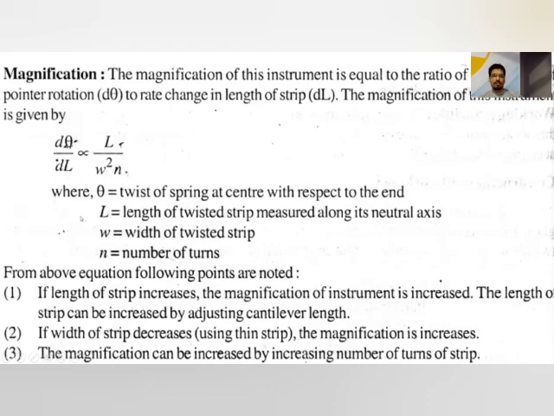Now from this equation we can say that, first, if the length of the strip increases, the magnification of the instrument increases, because dθ is directly proportional to L. The length of the strip can be increased by adjusting the cantilever length.